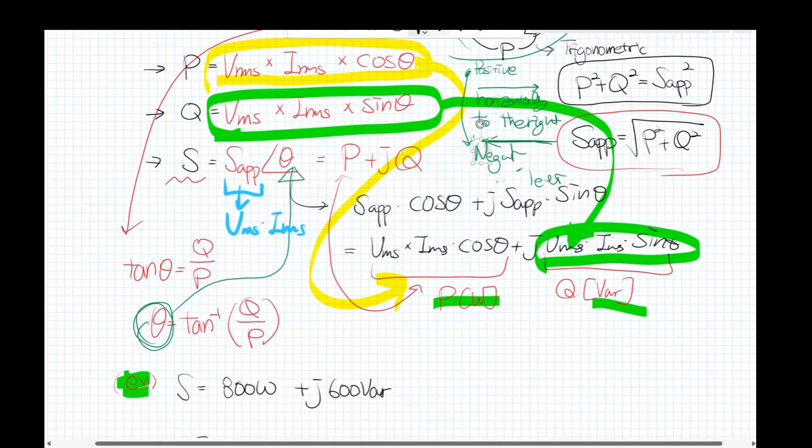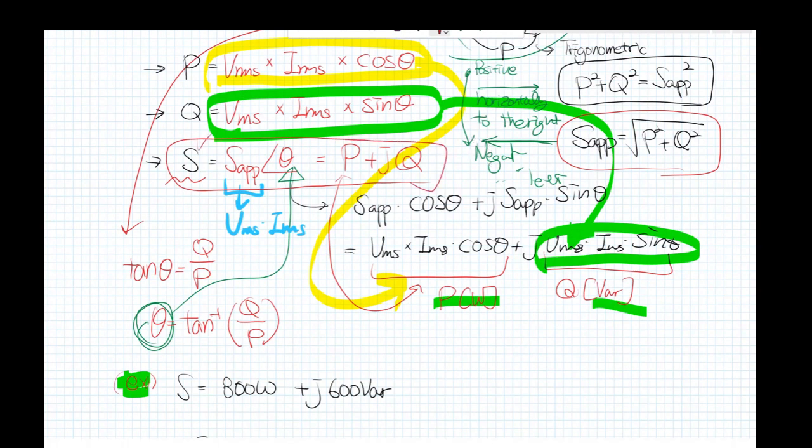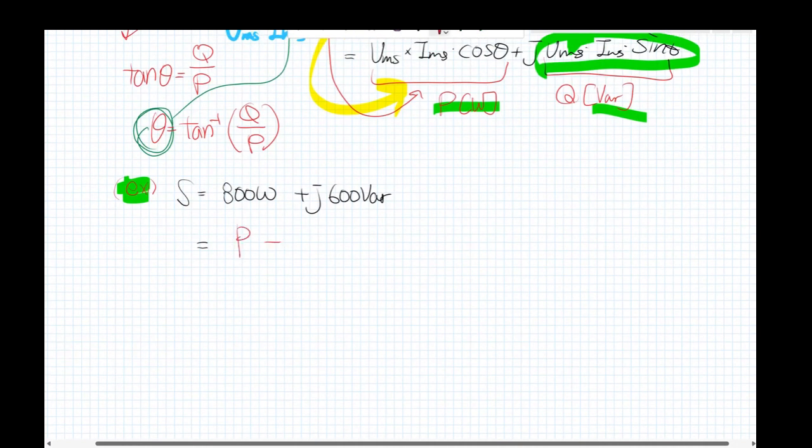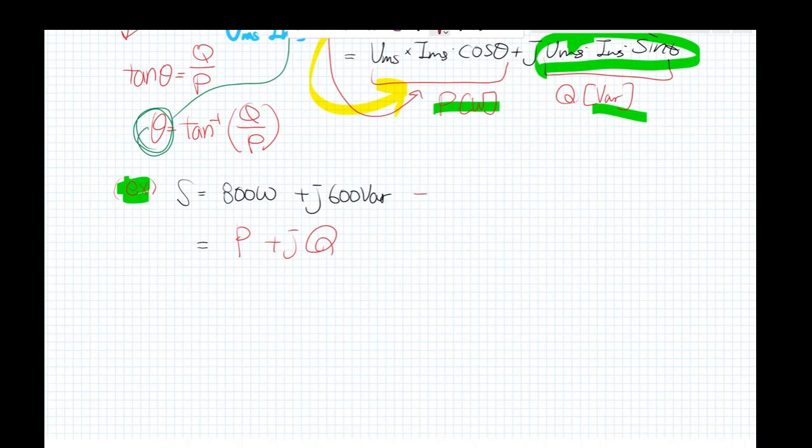Here. Okay. The S apparent power, the polar form, S sub APP, theta, and then the rectangular form, P plus JQ. So it means that was P plus JQ. So from here, we can see the P is 800 watts. Q is what? 600 VAR. Okay.